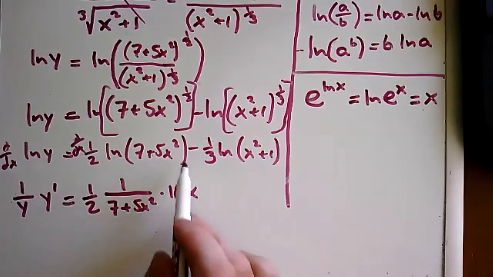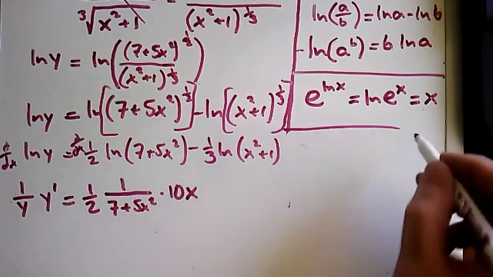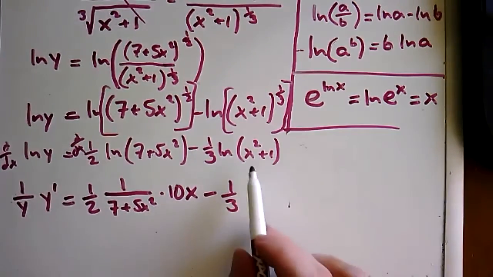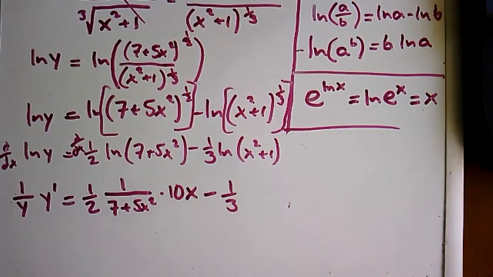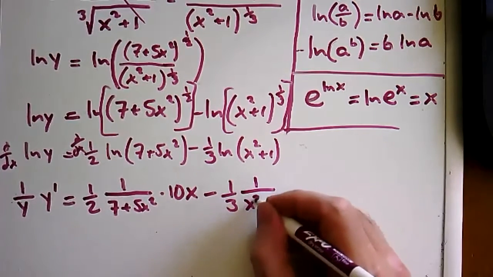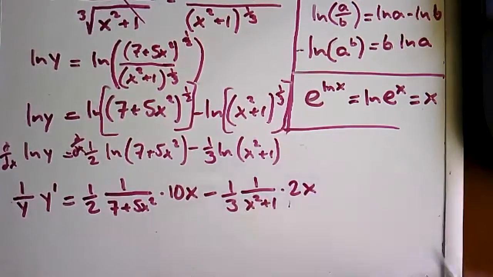That's the derivative of 7 plus 5x squared. And for my other term, minus 1/3, again this is that ln u we're taking the derivative of. So 1 over u, 1 over x squared plus 1, times the derivative of u, so times 2x.